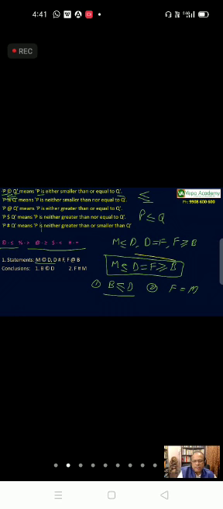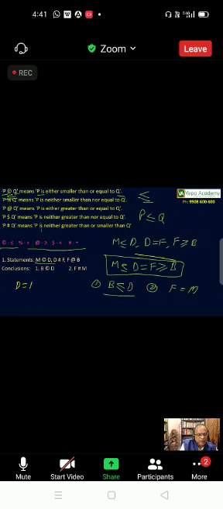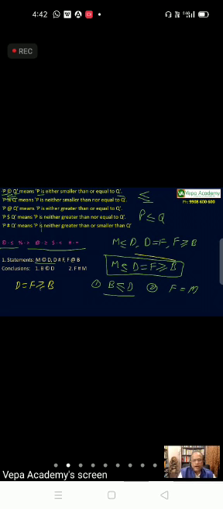Now, for your understanding, I am writing here. In the actual examination, we don't do that. So this is the chunk where D and B are there. When D is equal to F, D can come here. When D comes here, D greater than or equal to B. That means, is B less than or equal to D?